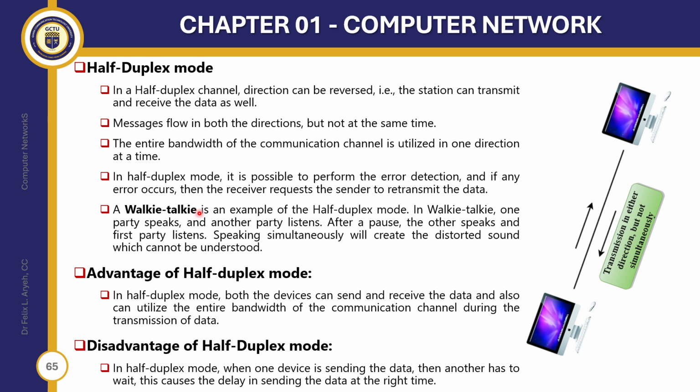An example is the walkie-talkie that has been outlined over here. Assuming we have two people using walkie-talkies. If I want to talk to anybody in the class, and somebody in the class also has a walkie-talkie, and we are on the same channel, I would have to pick the walkie-talkie and speak.